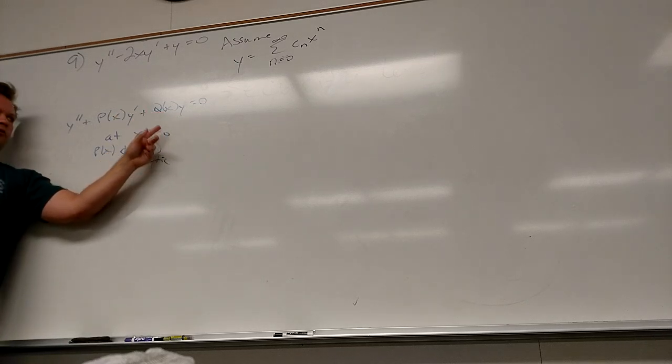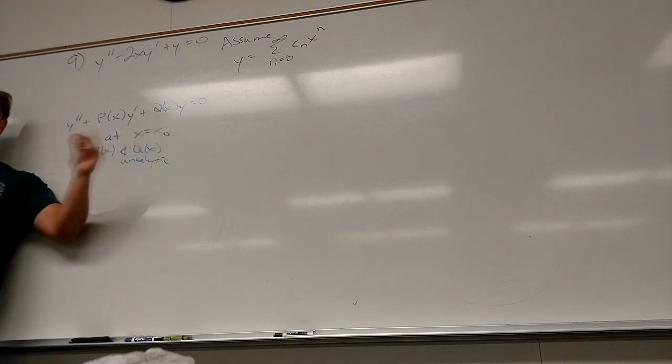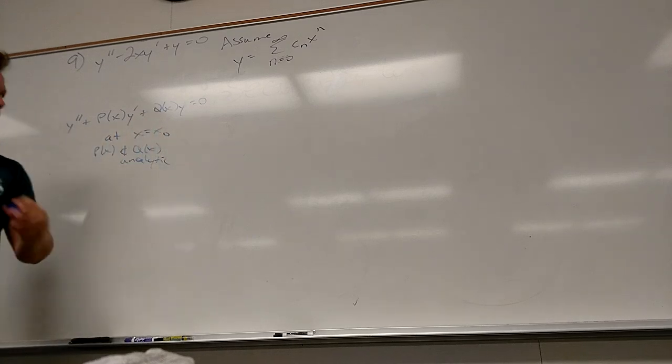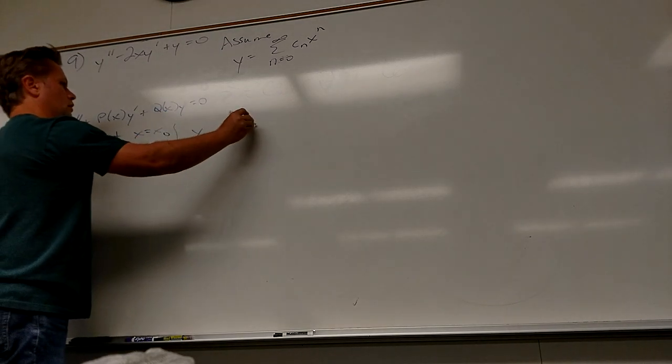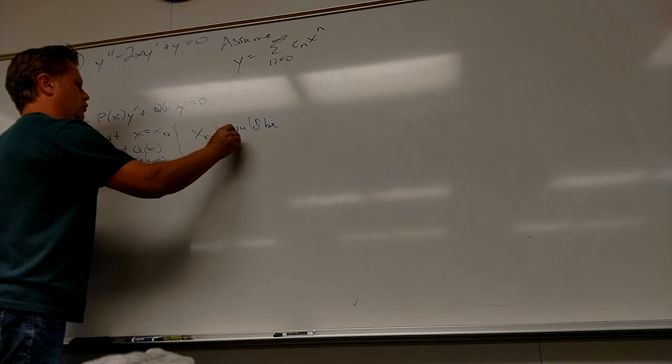Right? You can write a power series around that x naught. So that would mean x naught would be an ordinary point.